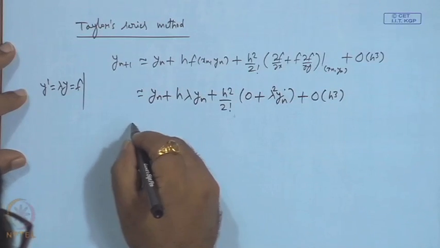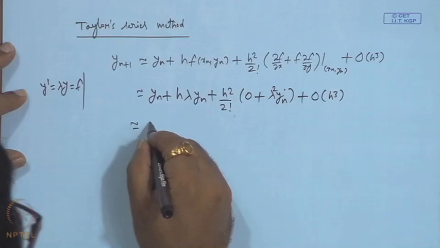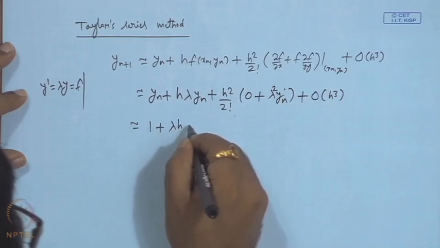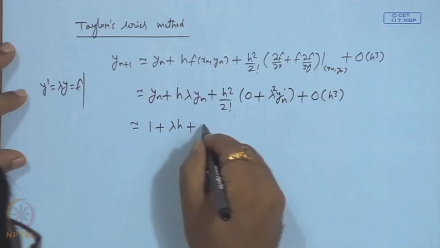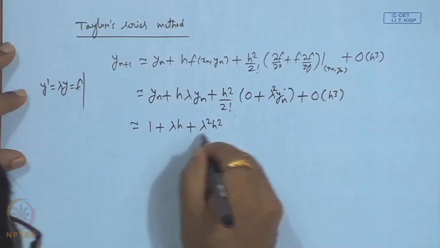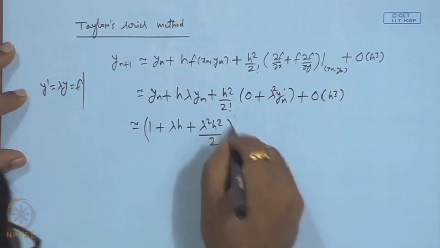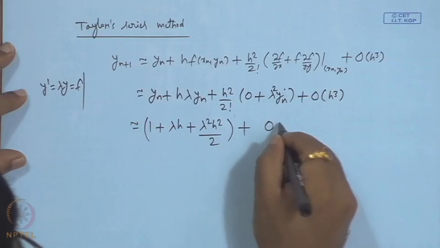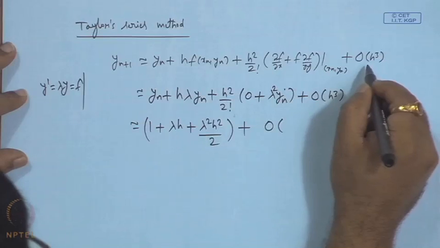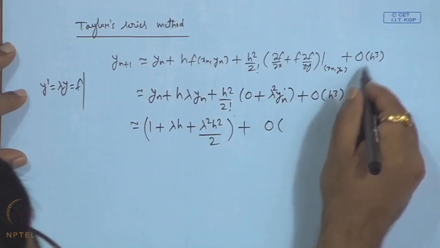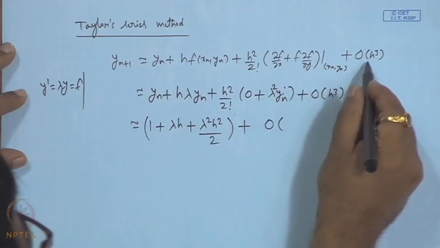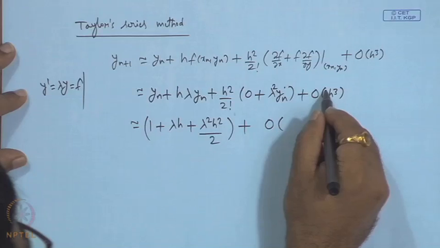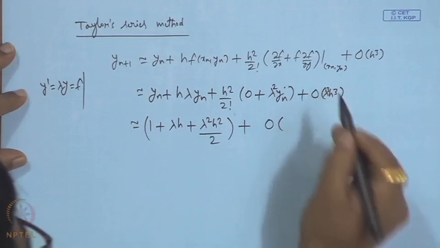Okay. So, this is 1 plus lambda h plus lambda square h square by 2 plus, and when we substitute this there will definitely be a lambda cube.